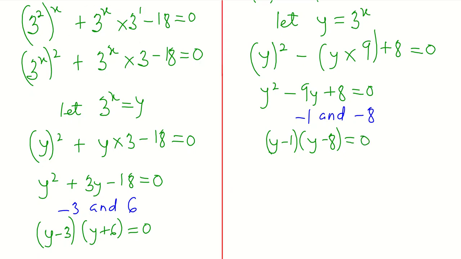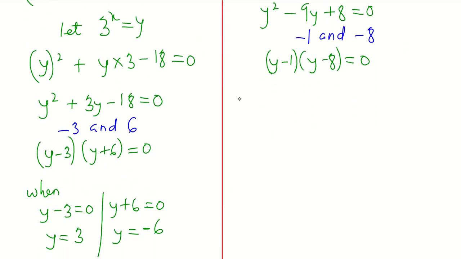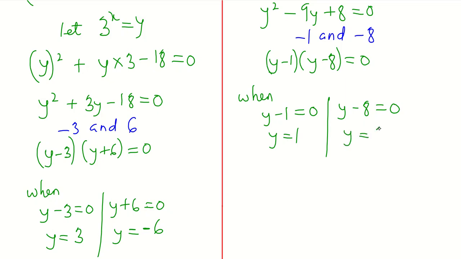So it means when y minus 1 is equal to 0, then y is equal to 1. In the same way, when y minus 8 is equal to 0, that means y is equal to positive 8. So that's the value of y.